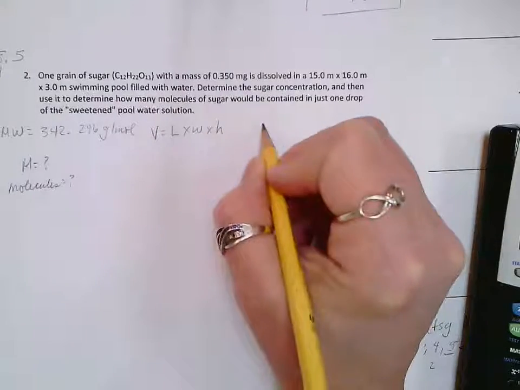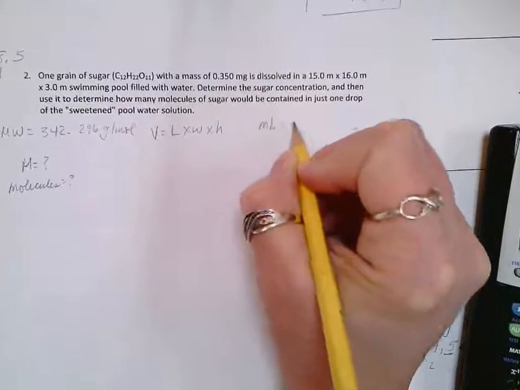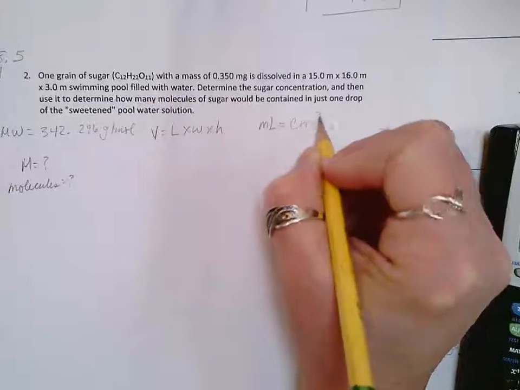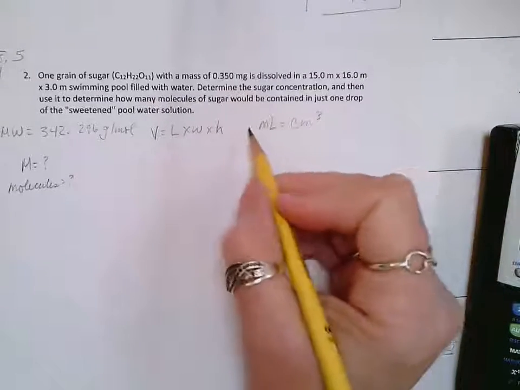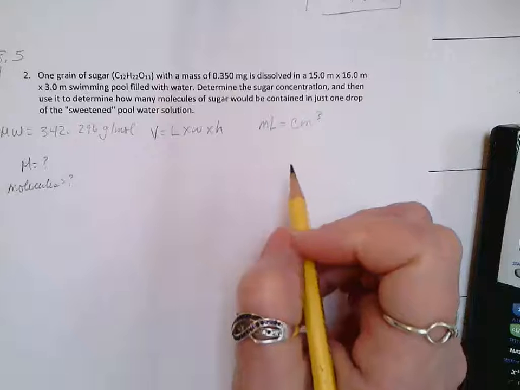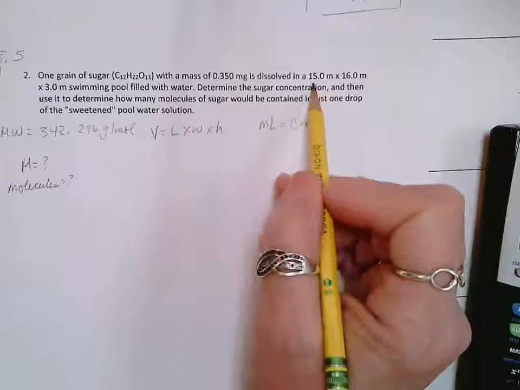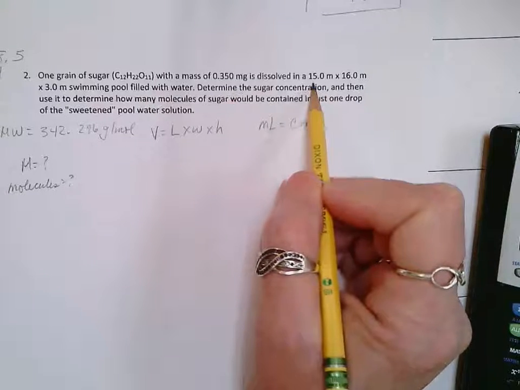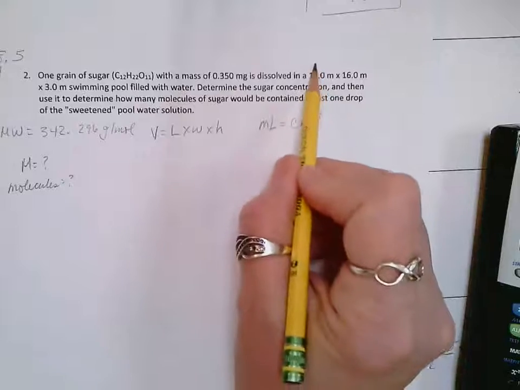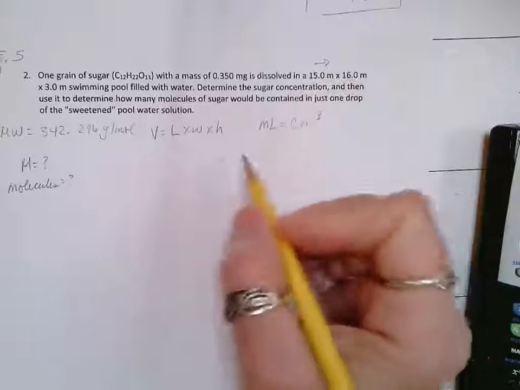But the only conversion I know between centimeters or meters and a volume is that 1 milliliter equals 1 centimeter cubed. So I'm going to make all these into centimeters. I'm going to multiply by 100 or move the decimal 2 places to the right.